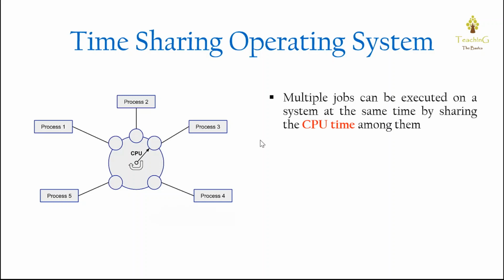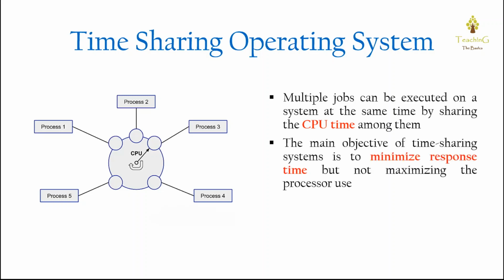I'm just dividing the time, providing time slots to the different processes, and in that particular slot the process can use the CPU. The main objective of a time sharing system is to minimize response time, but not maximizing the processor's use.